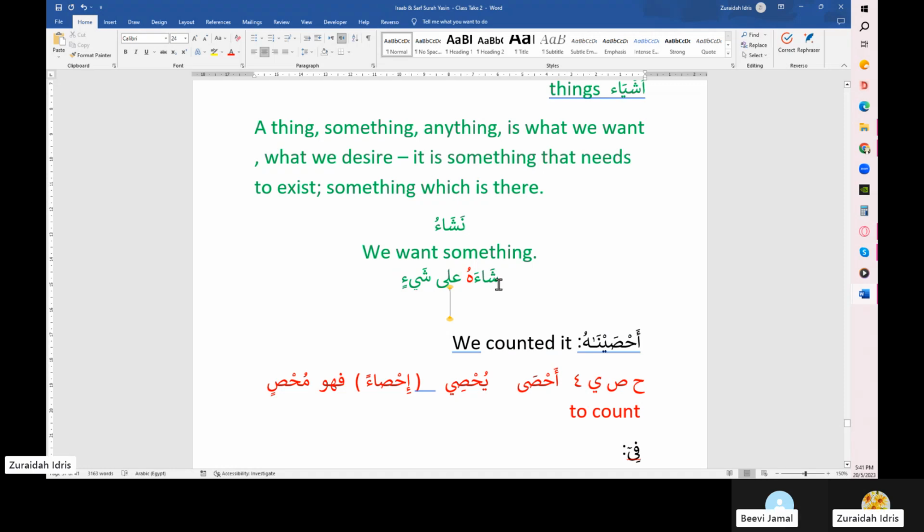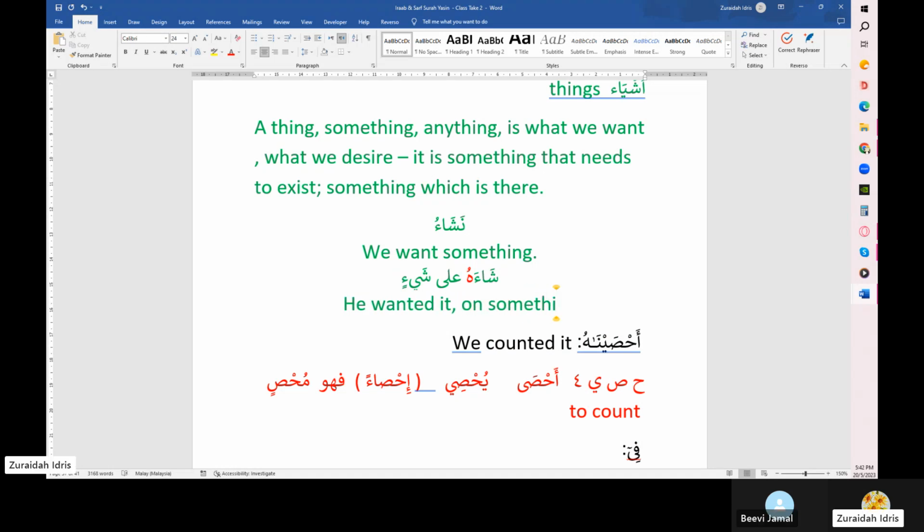He wanted, and the pronoun is the maf'ul bihi, so he wanted it. And then 'ala, let's do on, upon. Shay'in, thing. Is shay'in the masdar for sha'a?